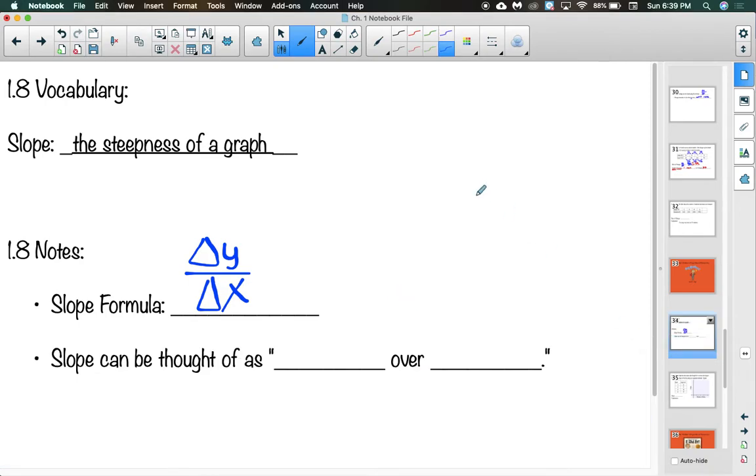Let's take a look. Slope can be thought of as rise over run. And what that means, let me write this in, then I'll tell you what that means. This is going to make a lot of sense in a quick minute. Slope can be thought of as rise over run. Well, think about the coordinate plane.